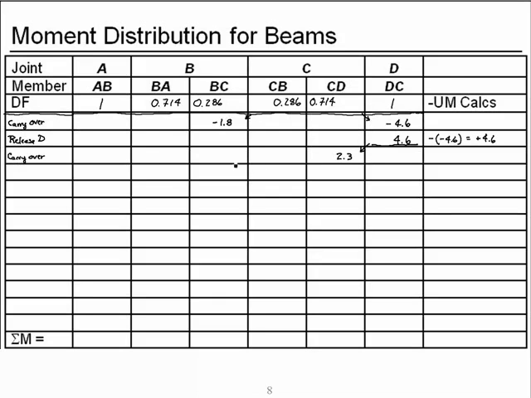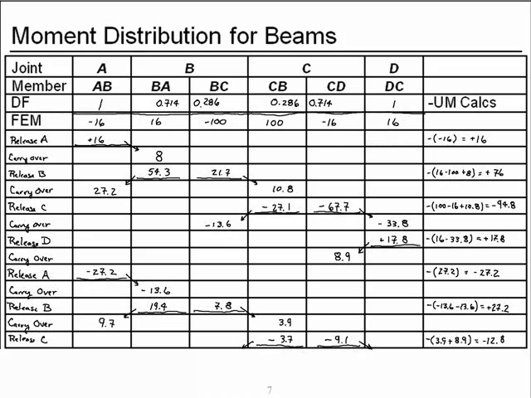So now let's go to the largest unbalanced moment, which is at node A. So I look back on my previous page of this worksheet and see that our node was in equilibrium here, and then we received a positive 9.7, so this is the only unbalanced moment.